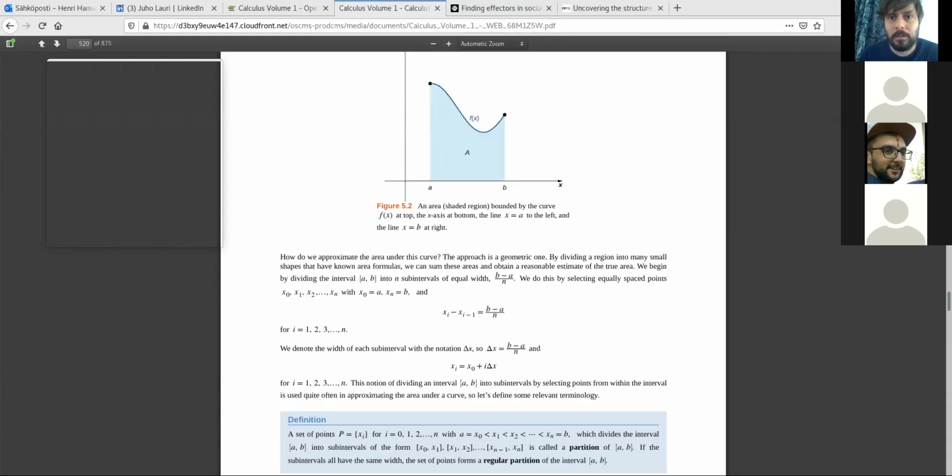So if this is my next stop, then this distance here, that's my delta x, right? So I have some number of those here. This is the point x1. Each vertical line resides at the coordinate x0 plus i times delta x, where i ranges from 1 to n.